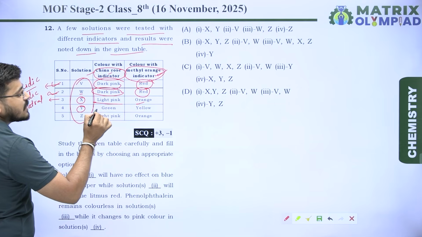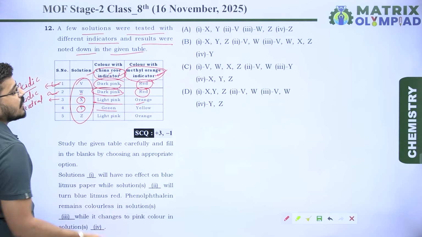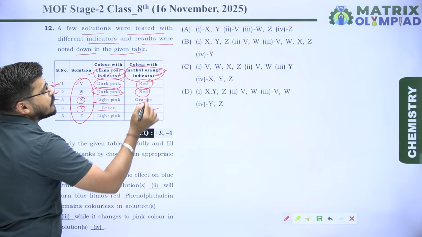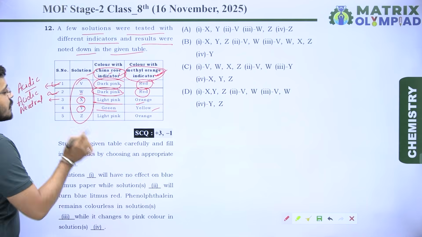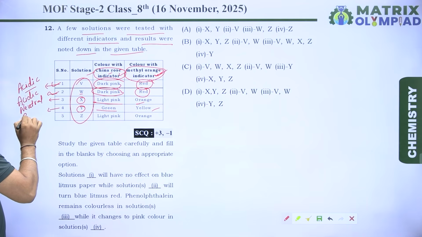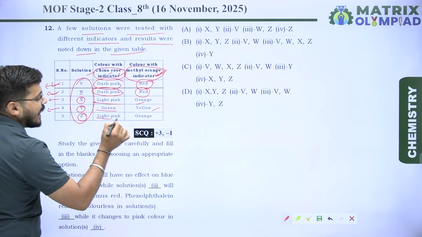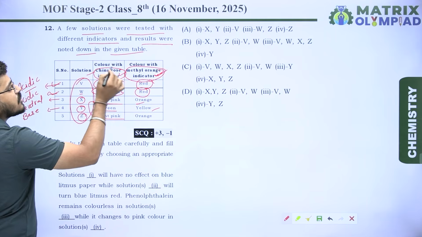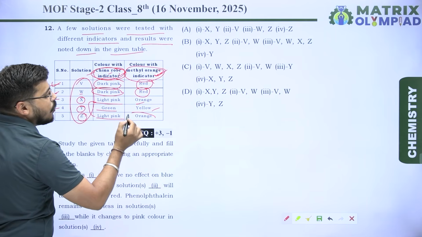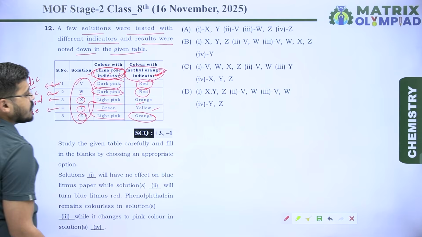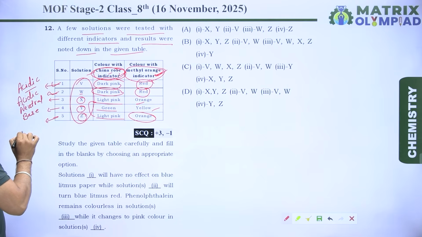Y solution shows green color in China rose indicator and yellow color in methyl orange indicator. Therefore, it is a base. Z solution shows light pink color again in China rose indicator and orange color in methyl orange indicator. Therefore, it is also neutral in nature.